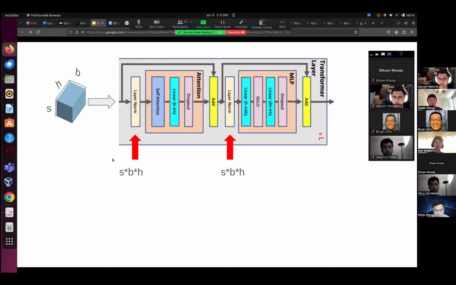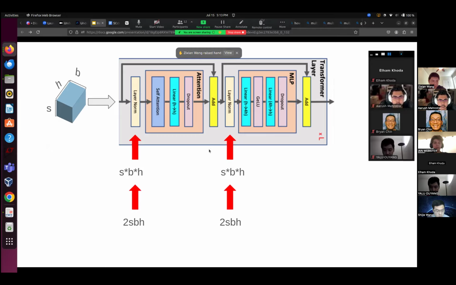But we're trying to derive an equation here, so we can't just look at the number of activations. We have to look at the memory they take up. In this paper, each element for the input to the layer normalization is worth 2 bytes. So the memory needed is 2SBH per layer normalization.